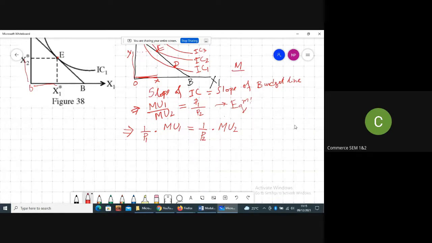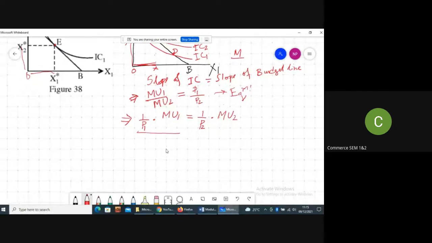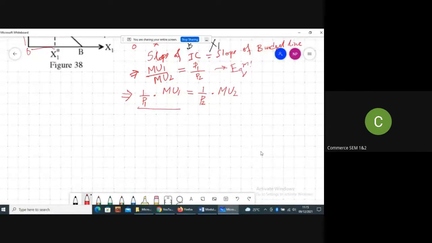Now what this side means: if I spend rupees P1, how much amount of commodity 1 can I get? Yes, anyone?